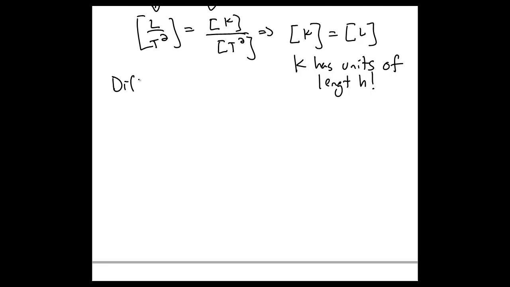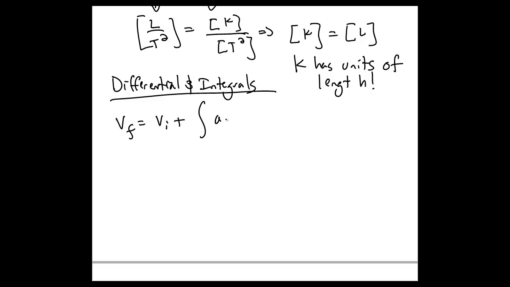Finally, let's consider what happens in the case where we have differentials and integrals. So for instance, this expression, which tells us the final velocity of an object subject to an acceleration which depends on time: the final velocity is the initial velocity plus the integral of acceleration over time.